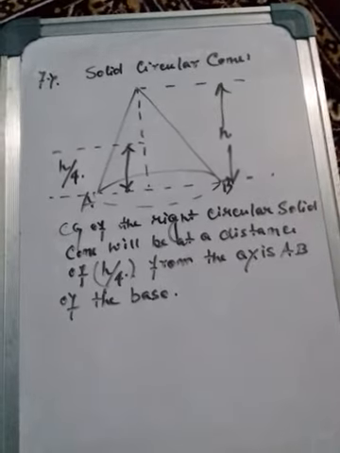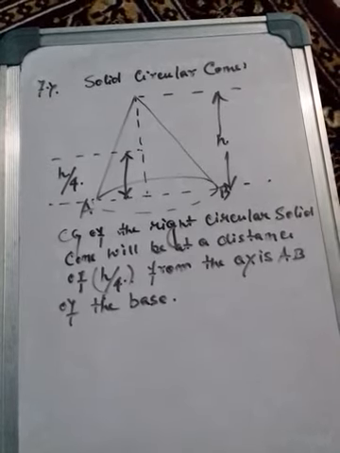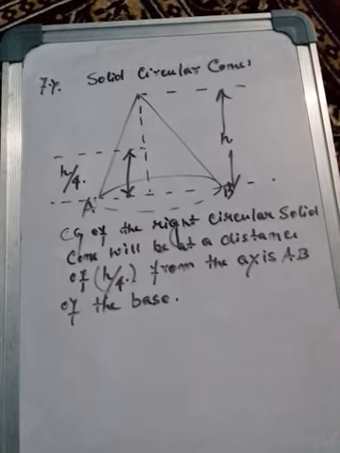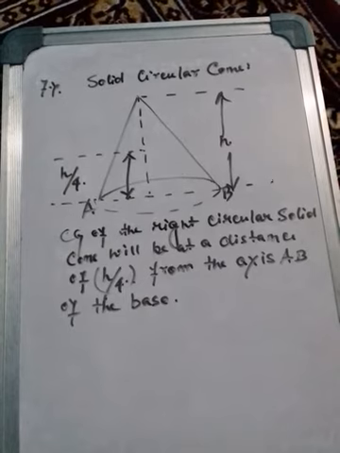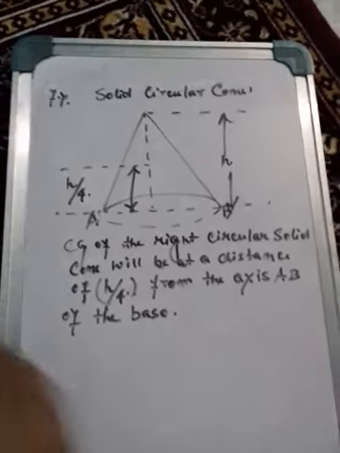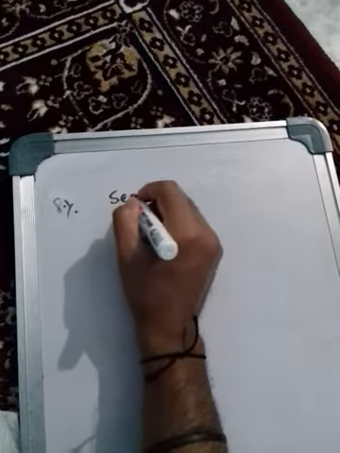Okay, so with this we have got some clear idea about how to find out the CG from the geometrical considerations. Let us take one last example, that is, a segment of a sphere. We are interested in finding the CG of a segment of a sphere.